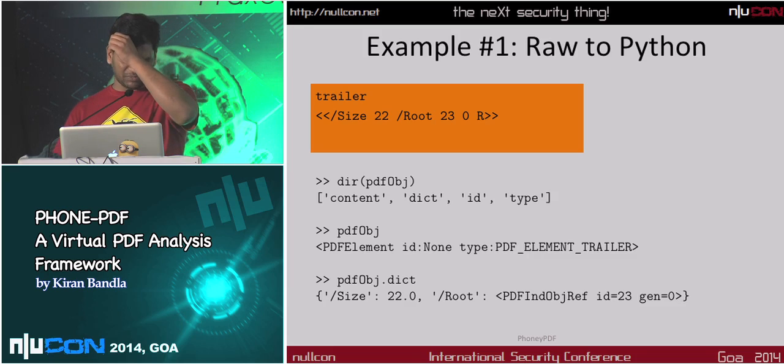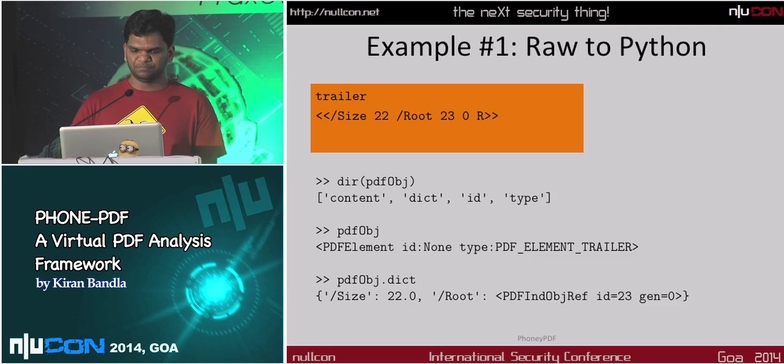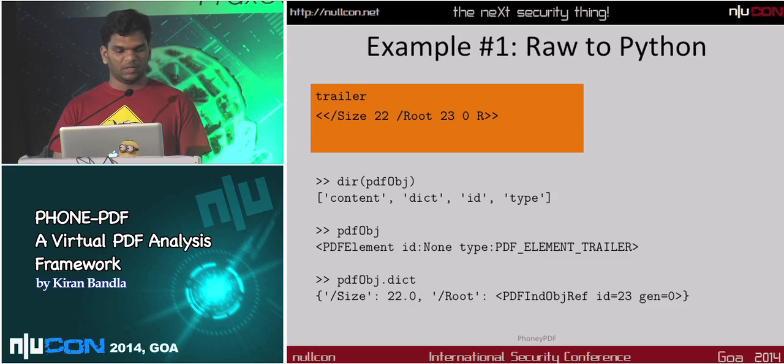This is just an example of the state machine. This is a verbose log from phoneypdf. You see that it's trying to parse an object, which is basically a dictionary, and it has all these different character-based tokens. It goes through each of those tokens, consuming them, keeps a state, and does the whole parsing. Eventually, it creates a Python equivalent of the same object. What you see in the colored box is the raw object extracted from a PDF.